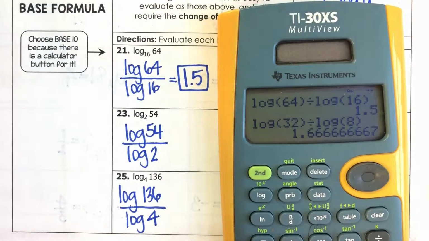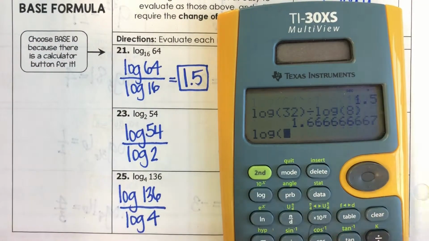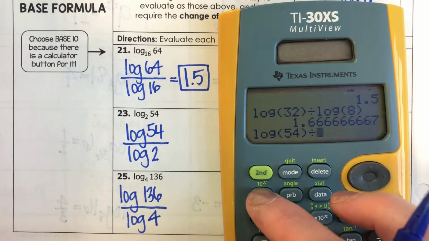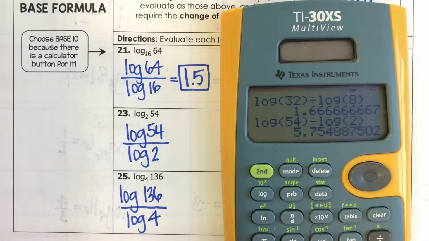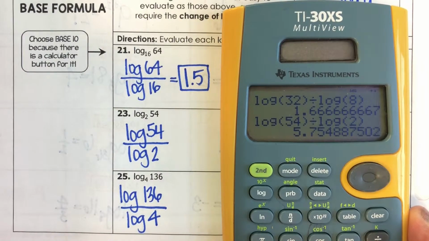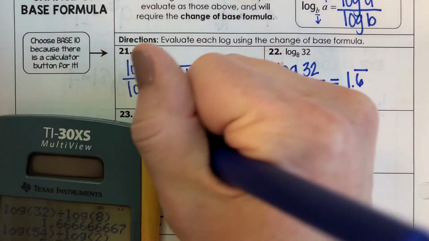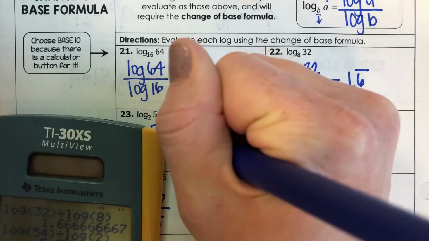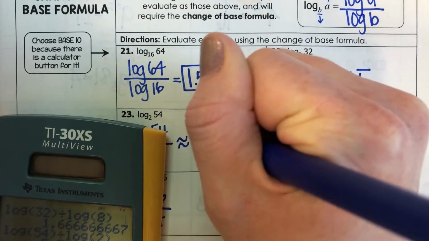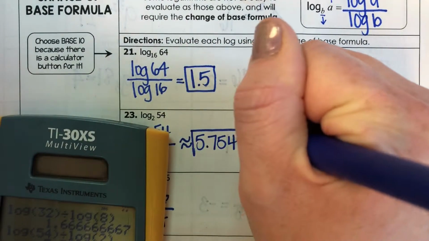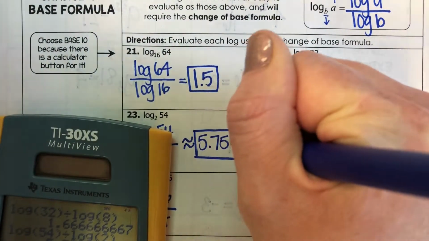For number 23, I had log 54 divided by log 2. I want you to notice that gave me a much longer decimal this time, which is fine. I'm going to round this to 5.7549. I am going to carry it out a couple more decimals.